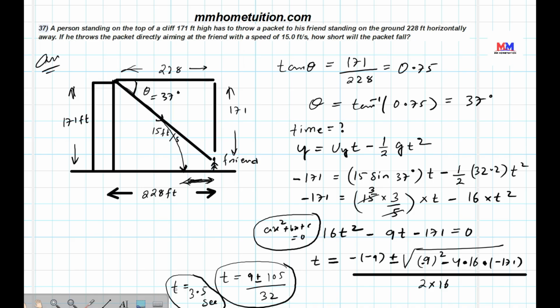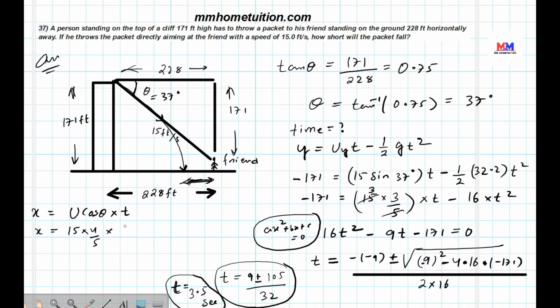As time equals 3.5 seconds, from this position to this position, time equals 3.5 seconds. As time is 3.5 seconds, find the horizontal distance. X equals u cos theta into t. U is 15, cos theta is cos 37, and cos 37 is 4 by 5, into t.